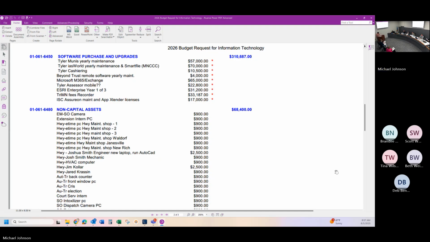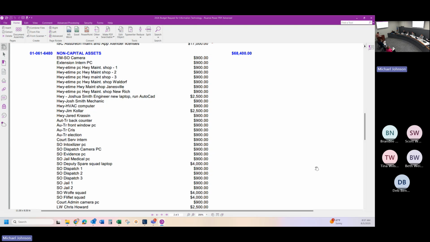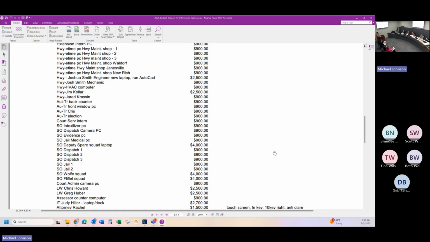And then the next, the non-capital assets, is basically all computer replacements, monitor replacements, printer replacements. We try to do a 4 to 5 to 6, some 6, some we stretch out. So it just depends, we just go through it every year at this time and say, okay, how's that computer doing?